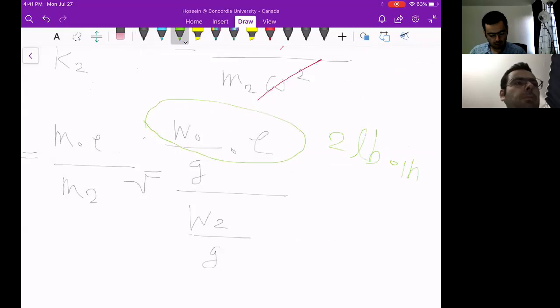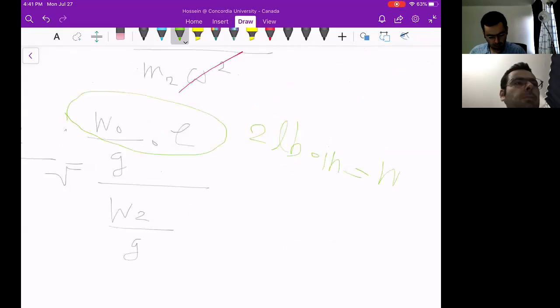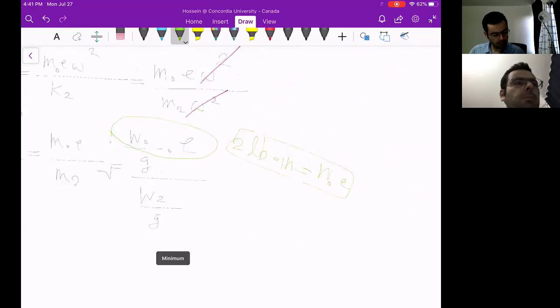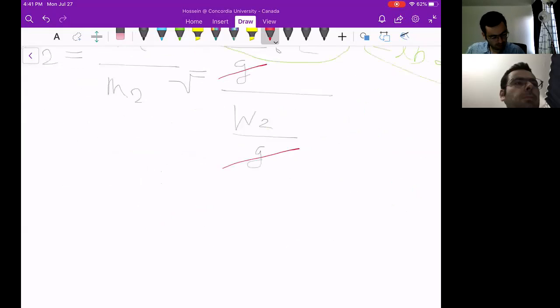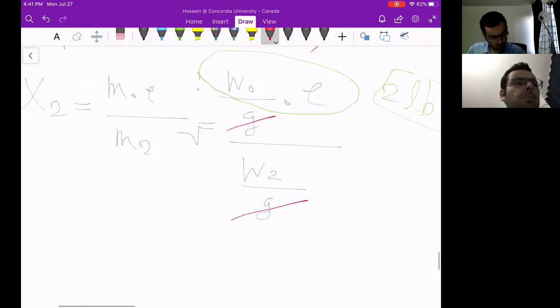So 2 pound inch is W naught E. I can further simplify by canceling out G from the numerator and denominator, and solve for X2: W naught E divided by W2.